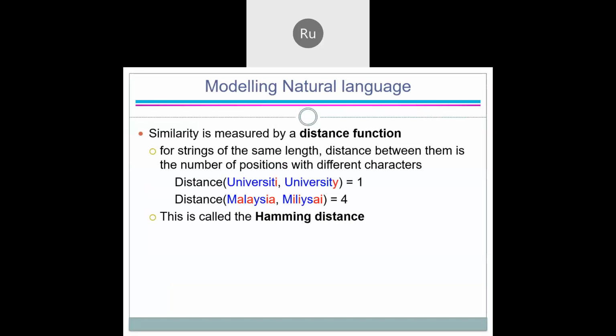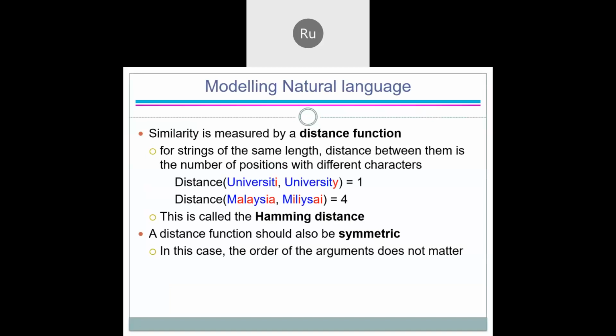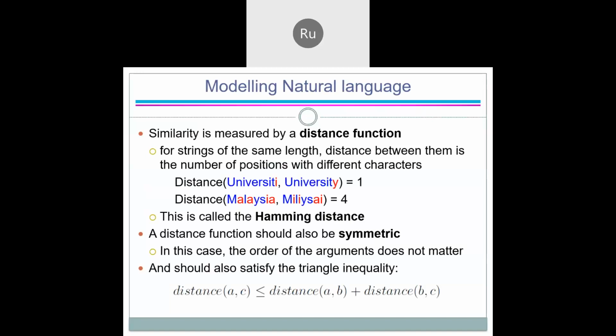For example, like this, the distance is 1 and the other one is 4. This is what we call the Hamming distance. They count the number of terms that you need to change in order to map the other one.